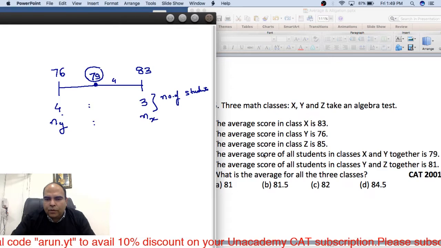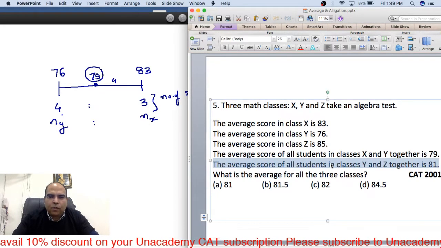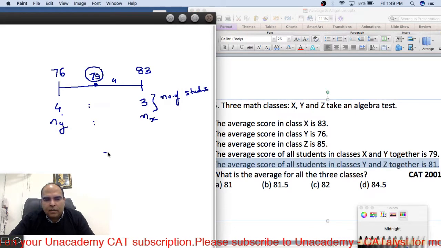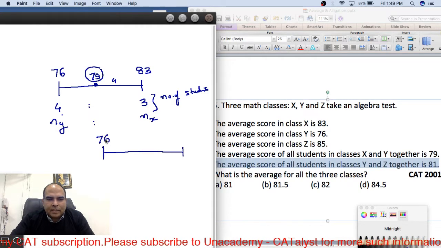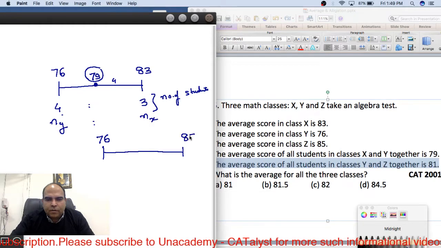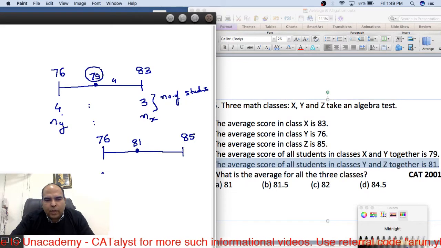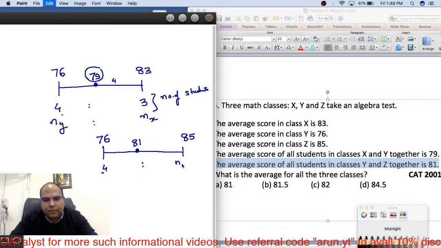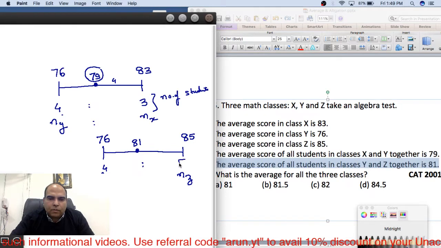Likewise, when you use the second statement, the average score of all students in Y and Z together is 81. Y is 76 and Z is an average of 85. If the weighted average together is 81, the ratio of number of students in Y to the number of students in Z is 4:5.